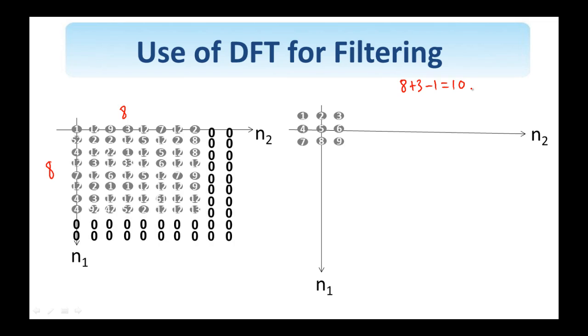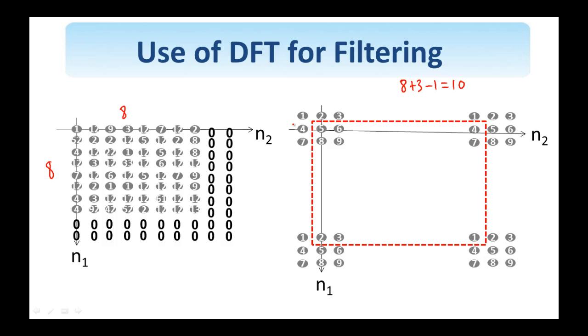Now, as far as the impulse response of the filter goes, we see here that it is centered at 0. When I talk about DFTs, the range of values are from 0 to n1 minus 1, 0 to n2 minus 1. So I cannot accommodate the negative n1 and n2 values of this signal. So in order to handle that, I will periodically extend this 3 by 3 signal with period 10 in both dimensions. And then I'm going to pull out the base period from 0 to 9 in n1 and 0 to 9 in n2.